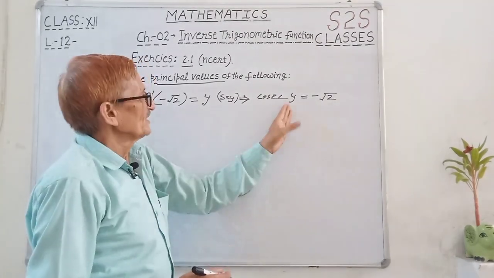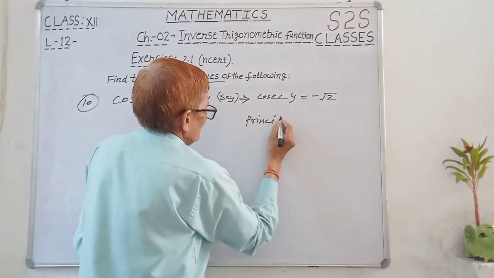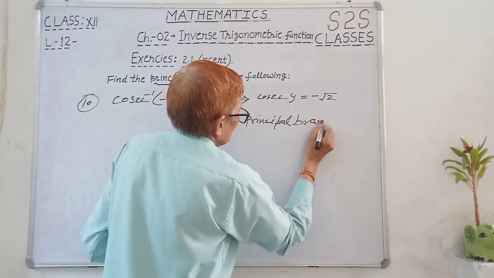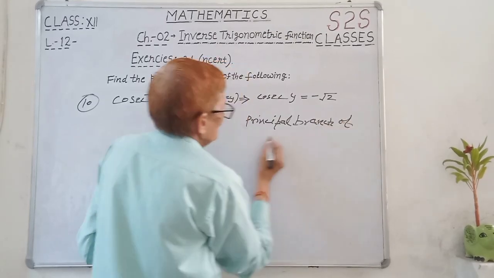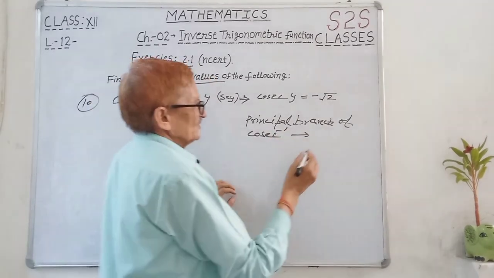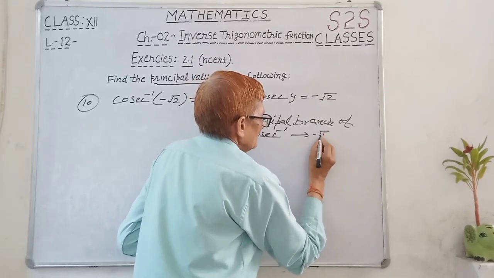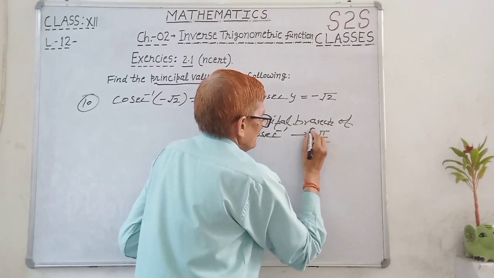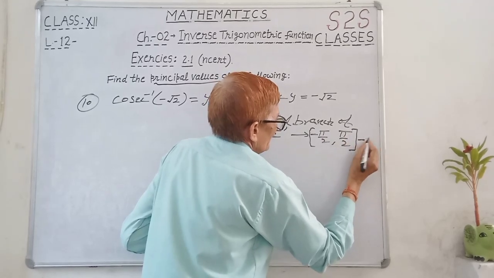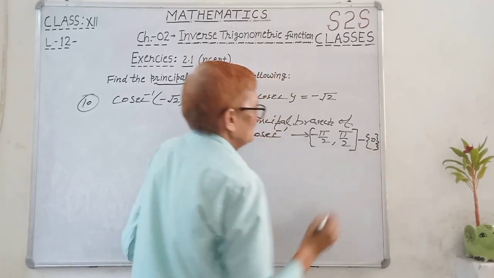In fourth, because of the principal branch of cosec inverse, which is minus pi by 2 to pi by 2, excluding 0.